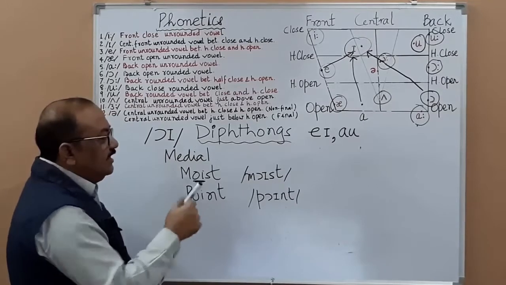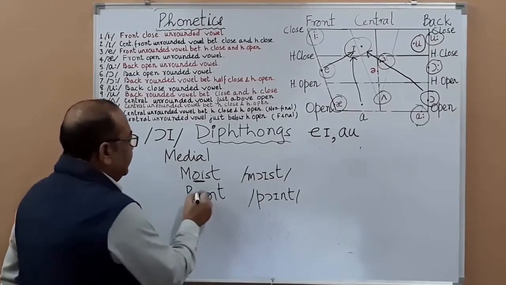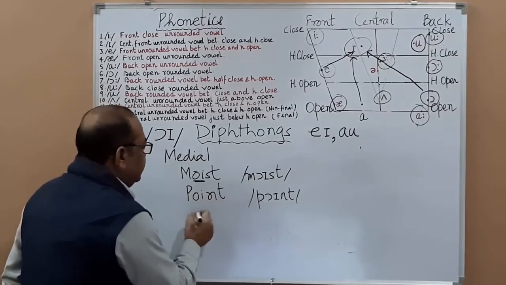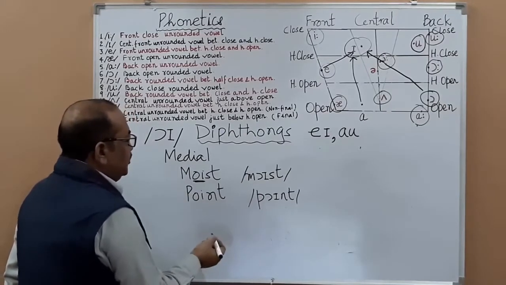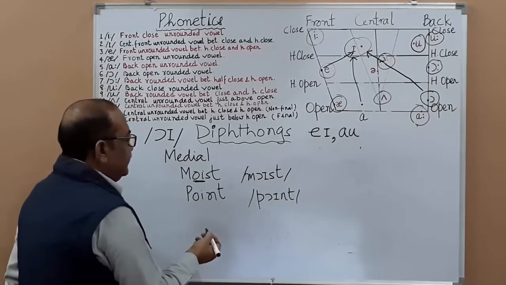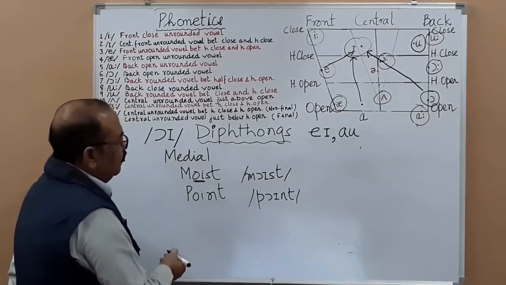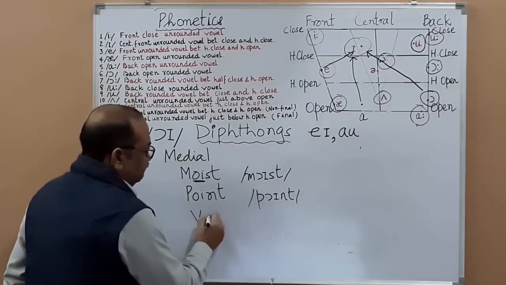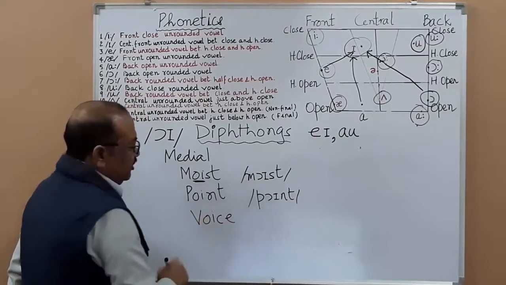Yes. And keep writing them down also, so that you do not forget them. Can you tell me one or two words from your side? Yes, point. Voice. Okay. This is how you write voice.